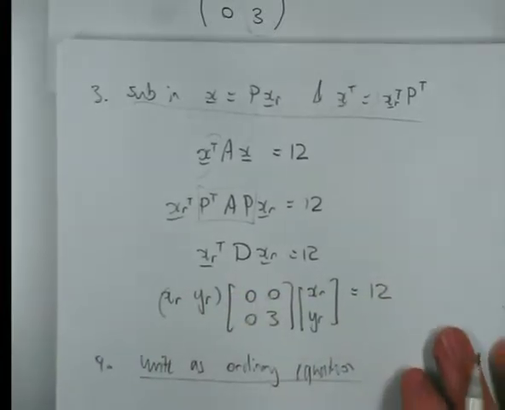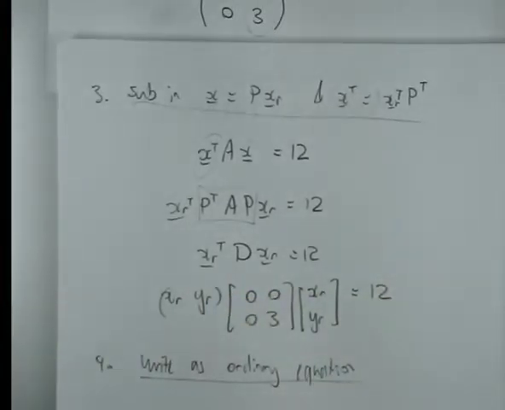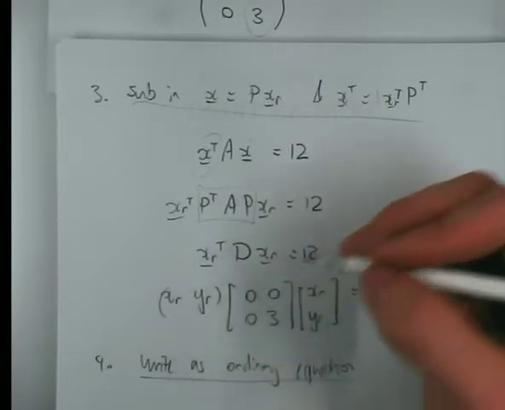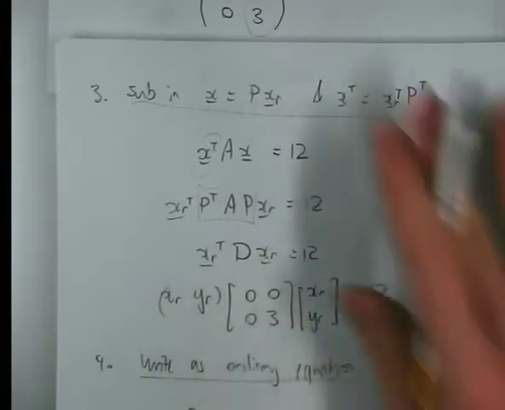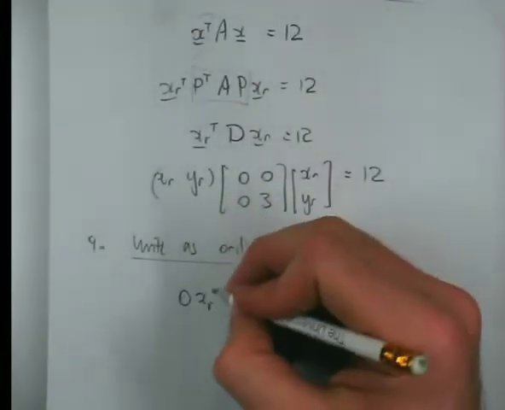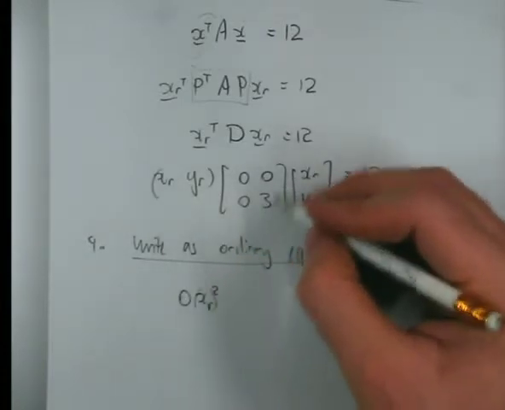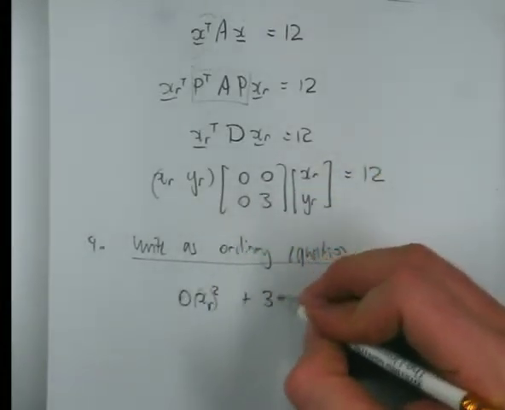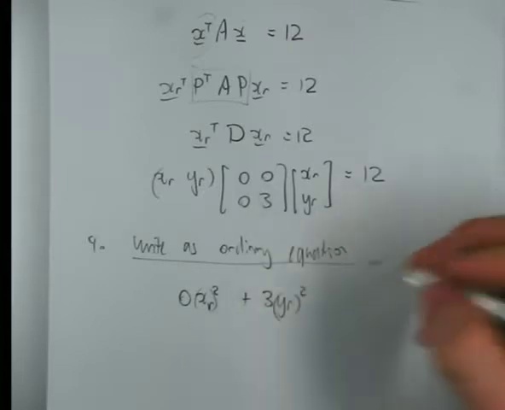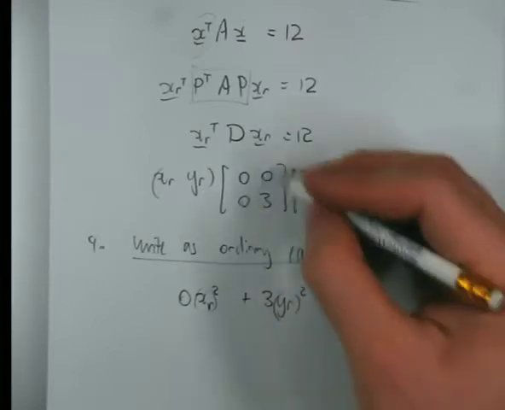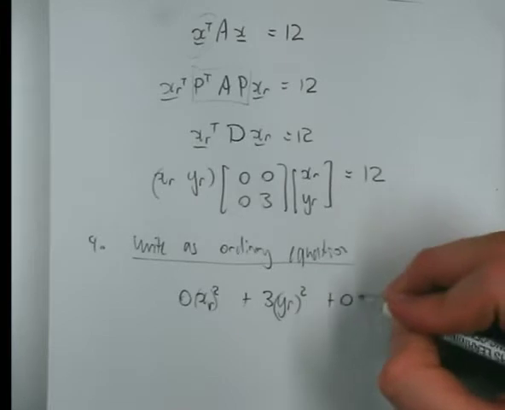And so I'll do the same process that I did for the other one, but backwards. This one will have to be the coefficient of x_R squared: 0 x_R squared. This one will have to be the coefficient of y_R squared. And these two together are the coefficient of x_R y_R.